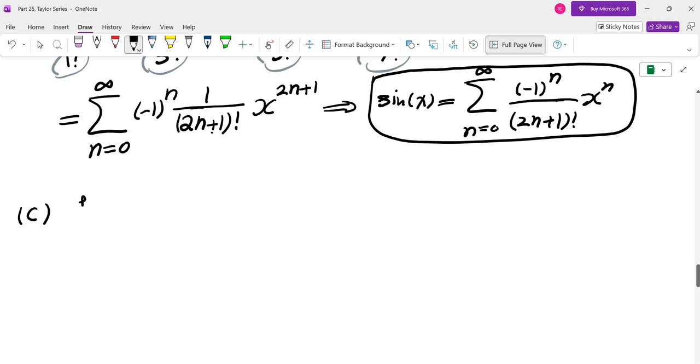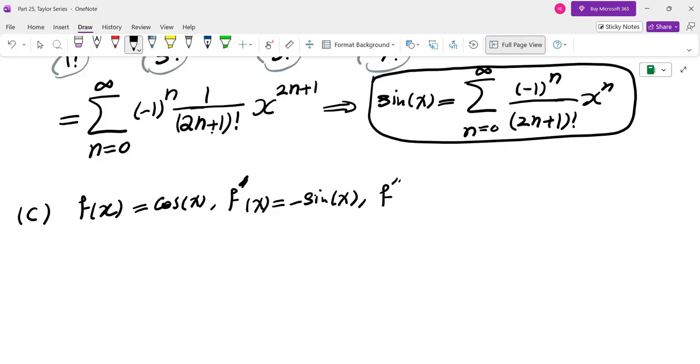So the next one is the same thing, but for cosine of x. We'll go through a very similar process. The first derivative would be minus sine, the second derivative would be minus cosine, the third derivative would be sine, and the fourth derivative goes back to the original function.